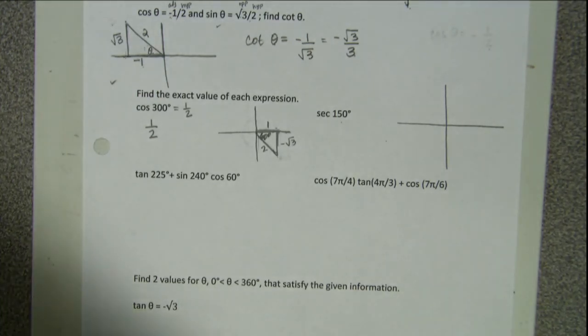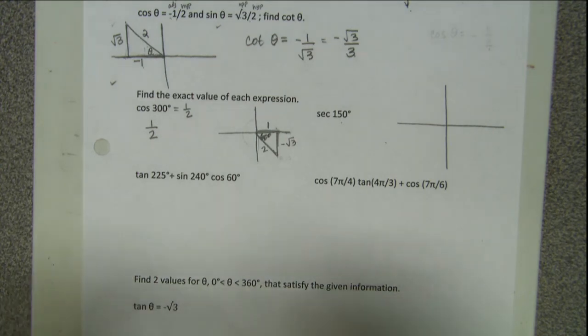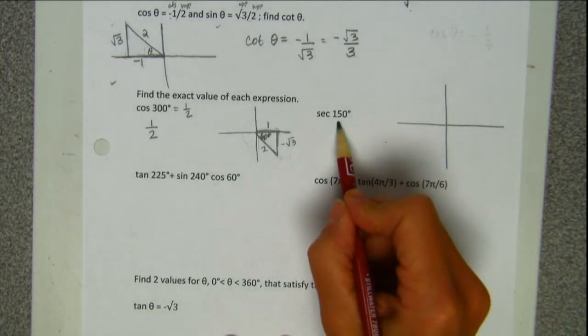I'll bring you the other pages. These questions, you will not be allowed a calculator. So you're going to have to be able to do it. Linear and angular velocity, you're going to use a calculator because you have to plug in. But questions like this, you're not going to get a calculator.